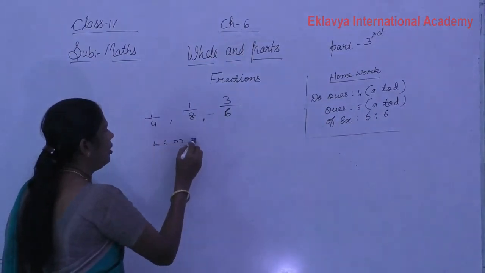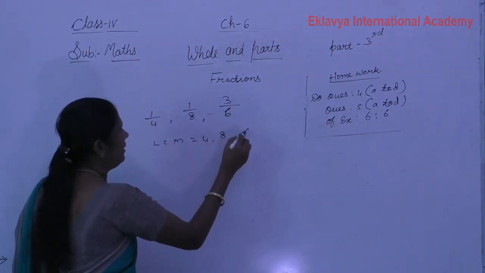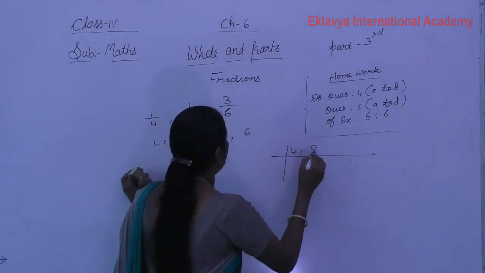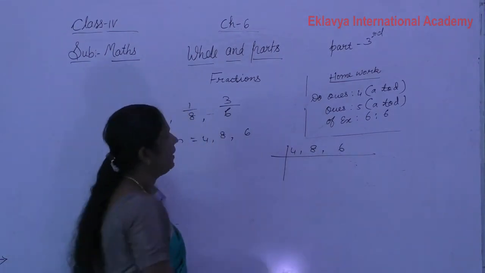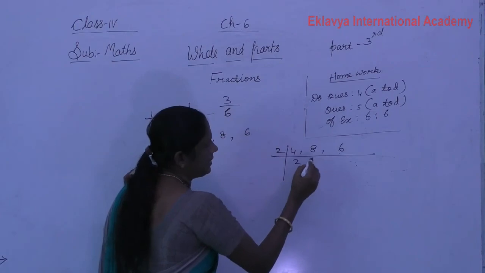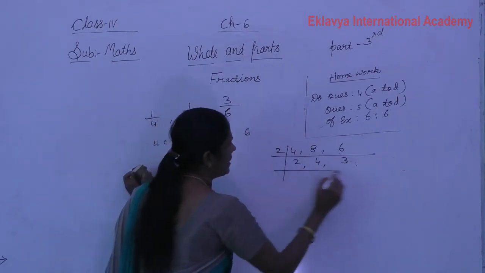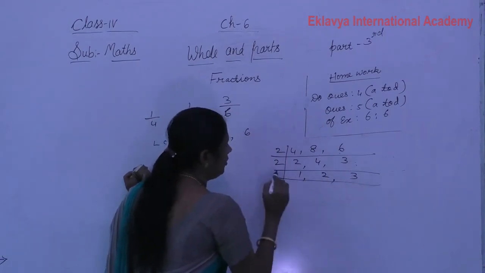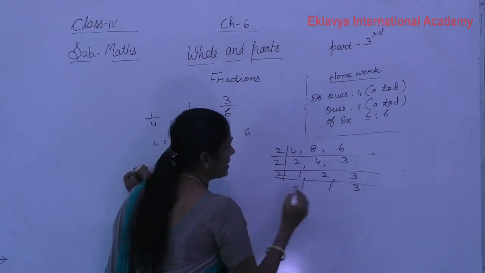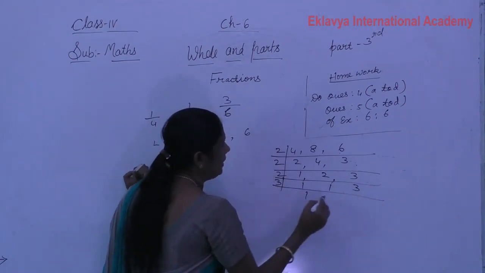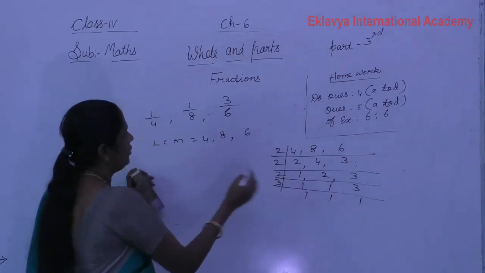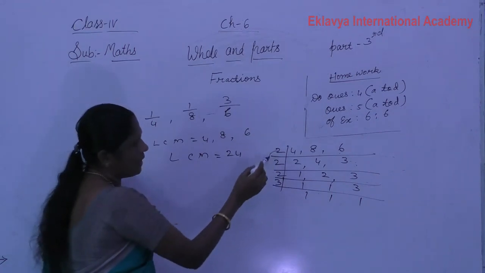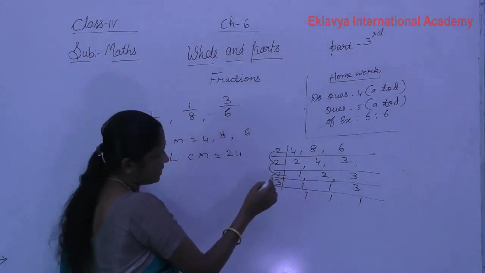LCM of 4, 8 and 6. Then 2 times here, 4 times here, 3 times. Again 2, 1 times, 2 times. Again 2, 1, 1, 3. Again 3, 1, 1, 1. LCM is 24. That is 2 2s are 4, 4 2s are 8, 8 3s are 24.